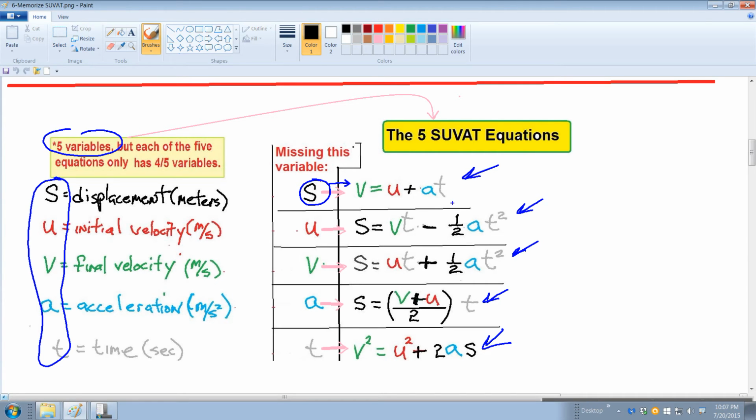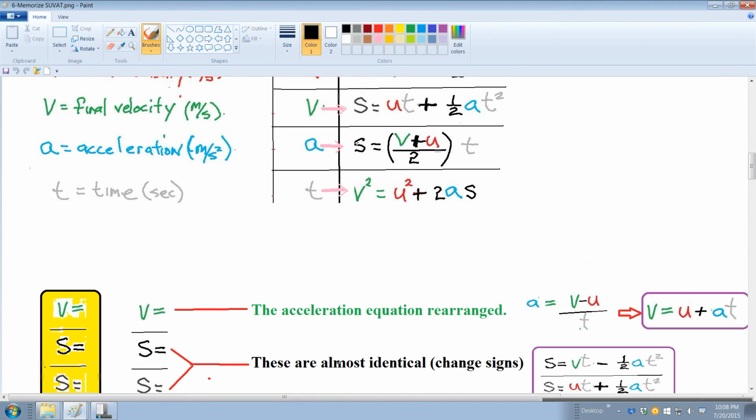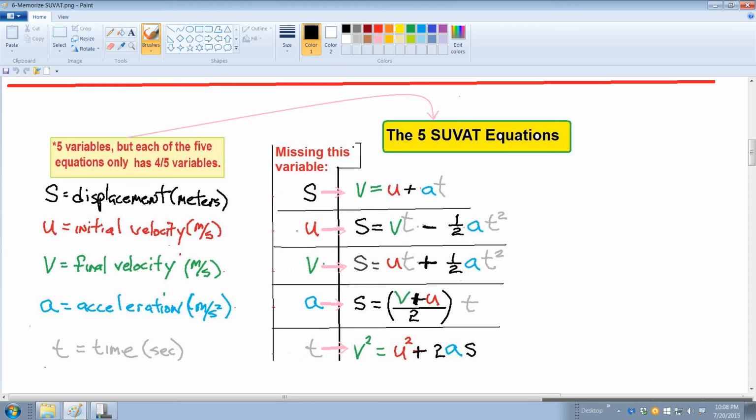In any problem you have to have at least 3 of the 4 variables given to you so that you can find the 4th variable. We have to have only one unknown if we have one equation to solve. That's an important observation, and I'm going to make more sense out of that in a few minutes. But let's talk about ways that you can memorize these equations quickly.